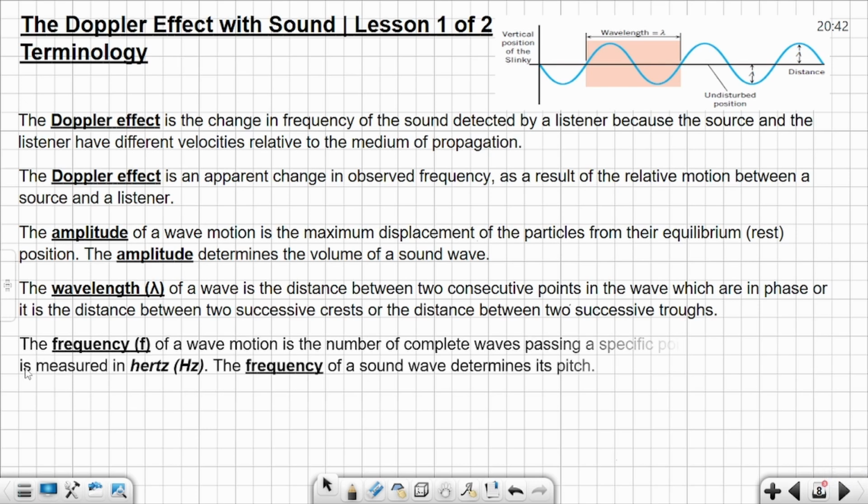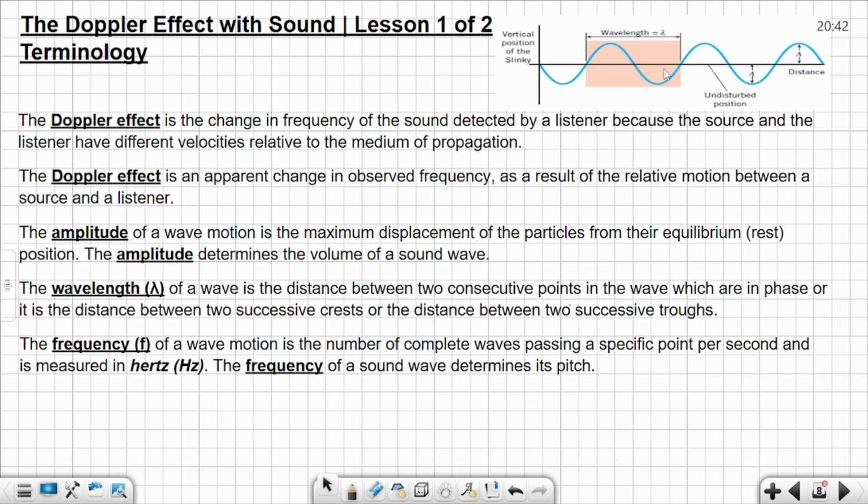So the next terminology, the frequency of a wave motion is the number of complete waves passing a specific point per second, and the frequency is measured in hertz. So the number of complete waves, let's say you have this part and this one, this is a complete wave.